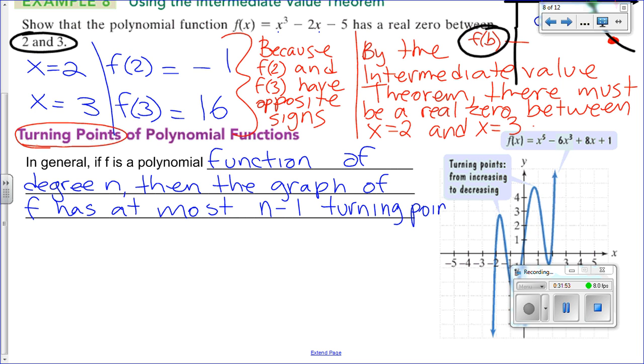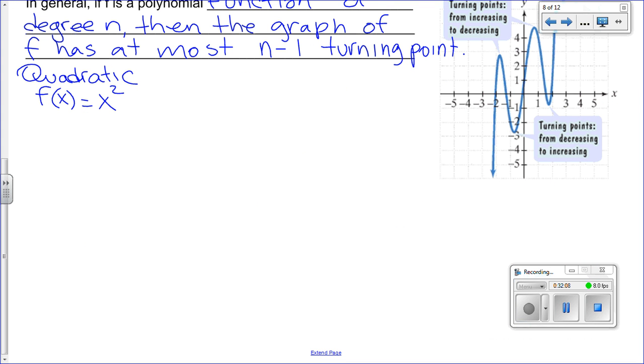All right, so let's think about a quadratic function, and let's just use f of x equals x squared. What is the degree of a quadratic? 2. So what will be 2 minus 1? Correct.